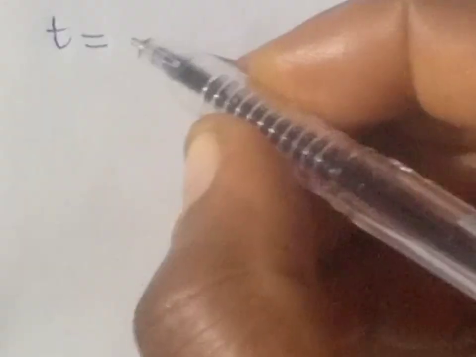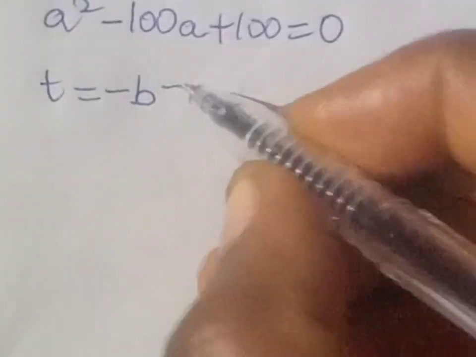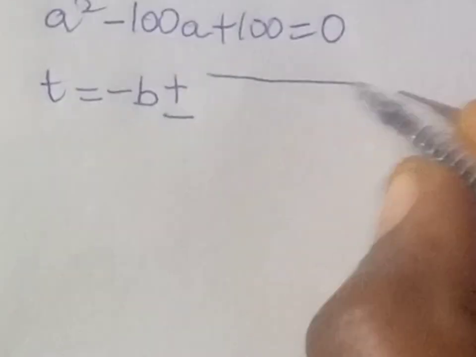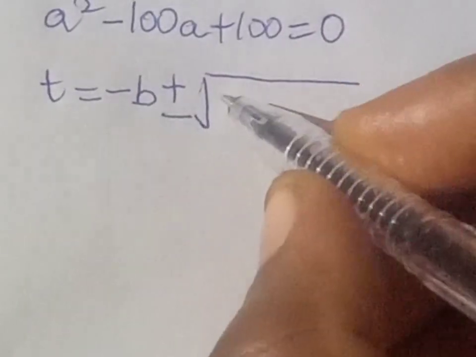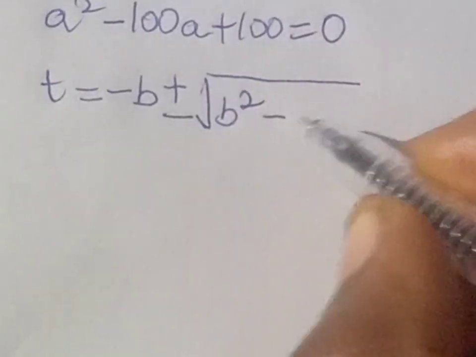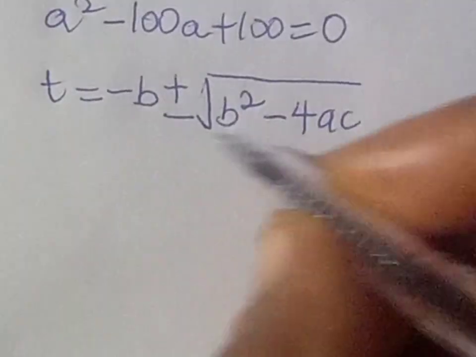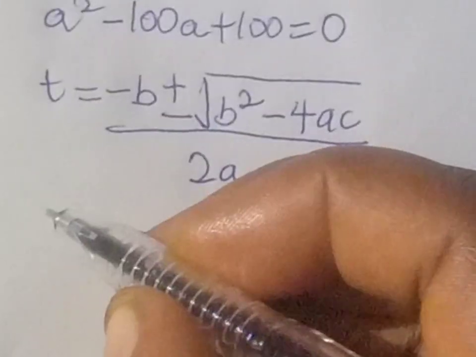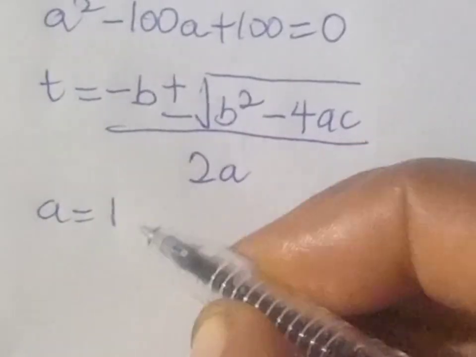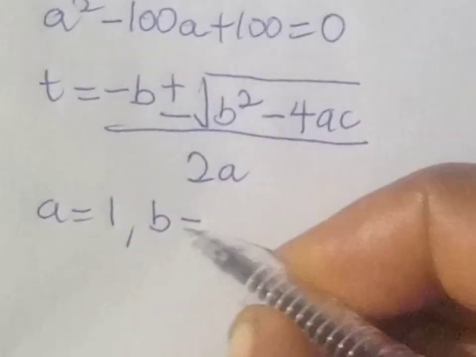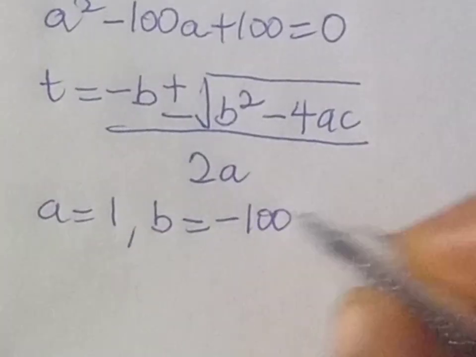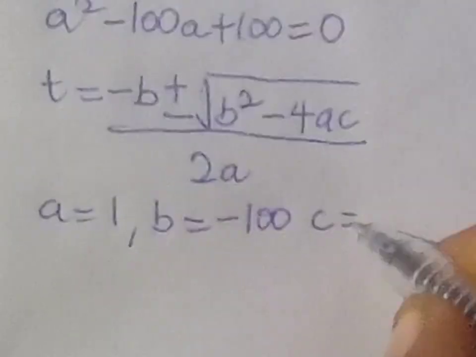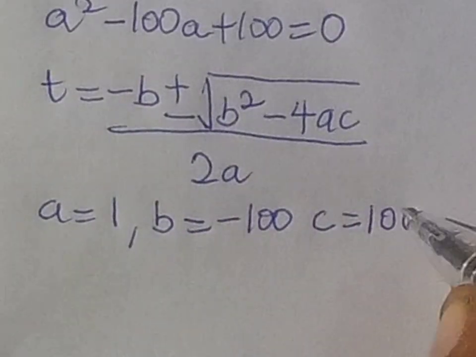Let's recall our quadratic formula, which says t equals minus b plus or minus square root of b square minus 4ac, divided by 2a, where our a equals 1, our b equals minus 100, and our c equals a positive 100.